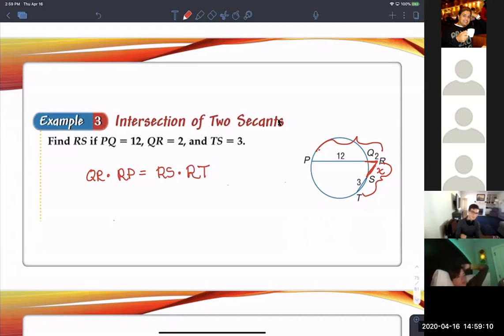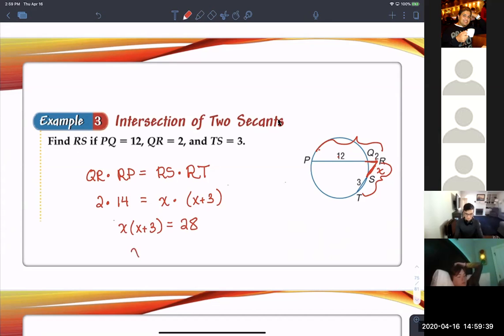So in this diagram, QR is 2, RP is 2 plus 12, which is 14. RS is x, and RT is x plus 3. So it's x times x plus 3 equals 28.